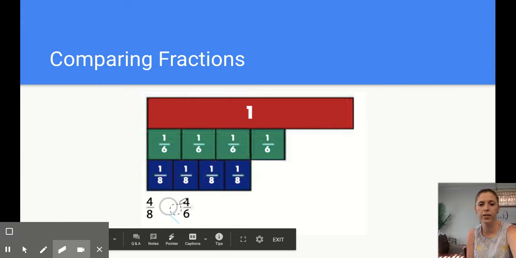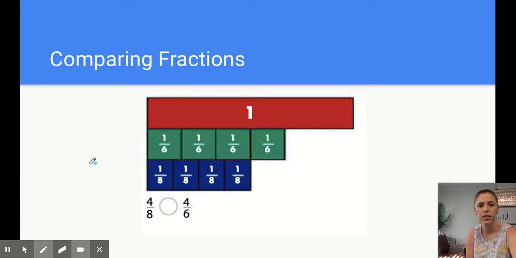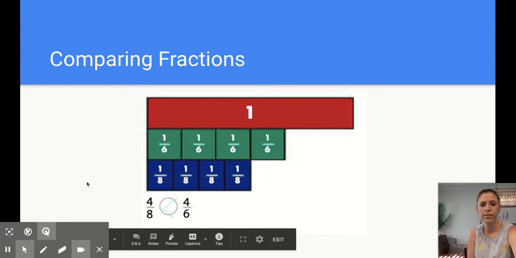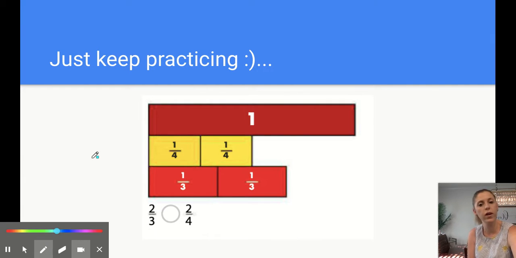All right, how about this one? We have 4/6 compared to 4/8. So I'm once again looking at which fraction is closer to 1 whole. And I can see that my 4/6 is closer to 1 whole. All right, let's take a look at this one. We have 2/3 compared to 2/4.